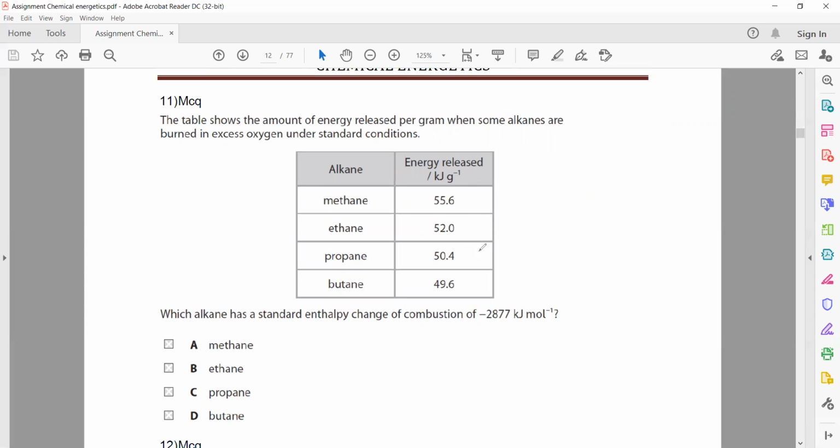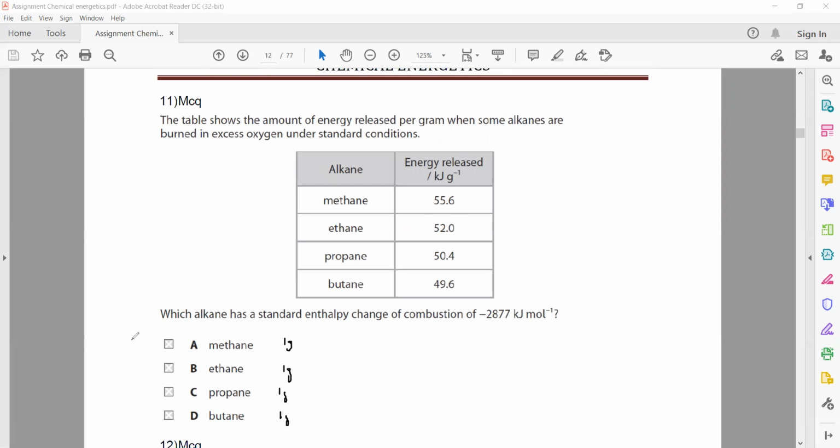But what we have to do is convert and find the moles. So how do we find the moles in 1 gram? If I have 1 gram of methane, 1 gram of ethane, 1 gram of propane, and 1 gram of butane, how many moles are there in 1 gram? Moles equal mass in gram divided by molar mass.